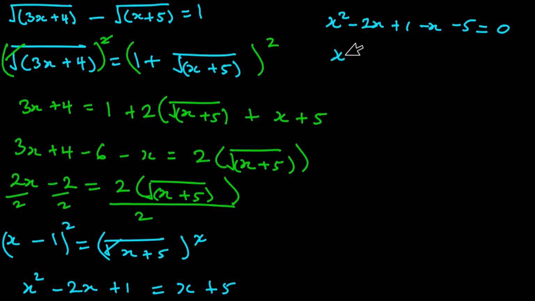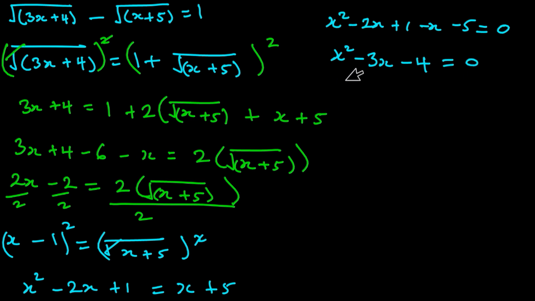Then we have x squared minus 2x minus x is the same as minus 3x. Then 1 minus 5 is minus 4, and this is equal to 0.